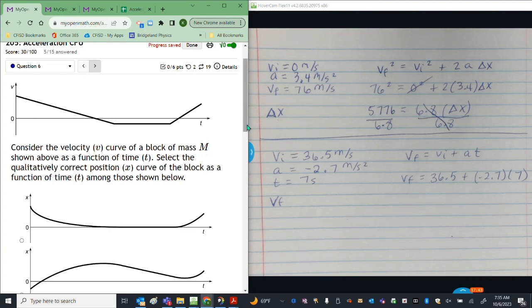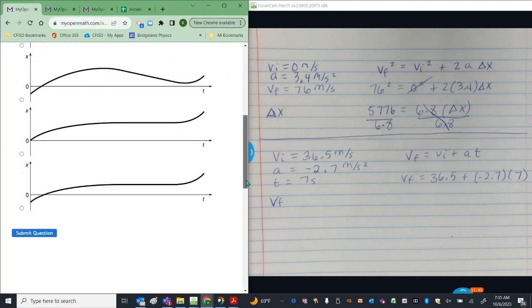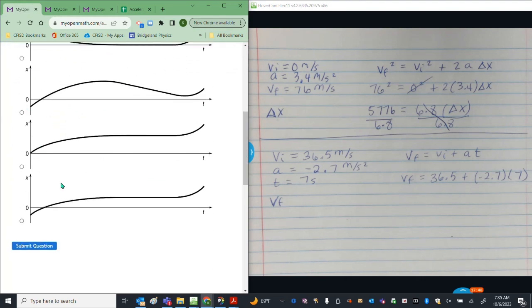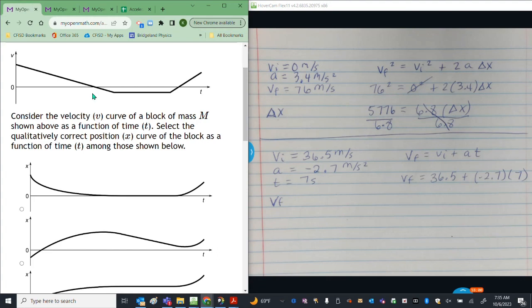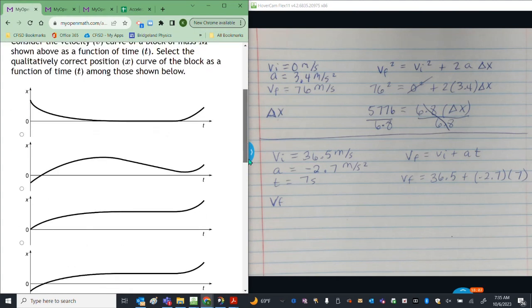So let me go look at the second one. All of the rest of these are going forward. So far, so good. It doesn't matter where they are in terms of their y-intercept here. They're still going forward because it's a positive slope. And so I need to go forward, and then I need to turn around and start to go the other way, which means my slope needs to go from positive to negative.